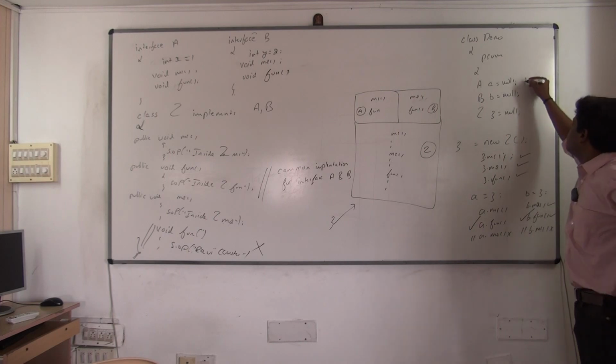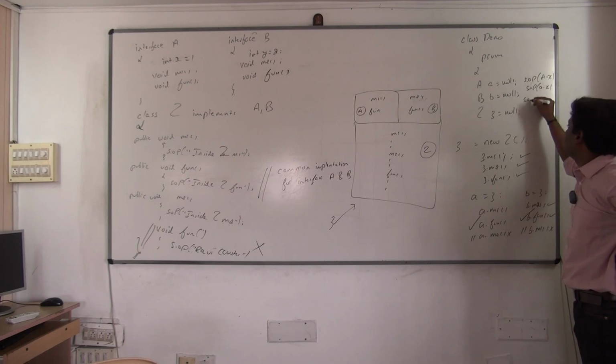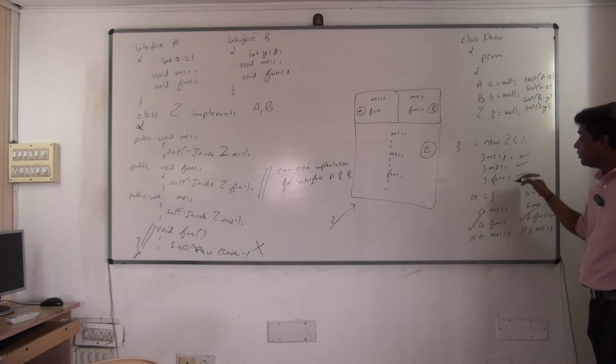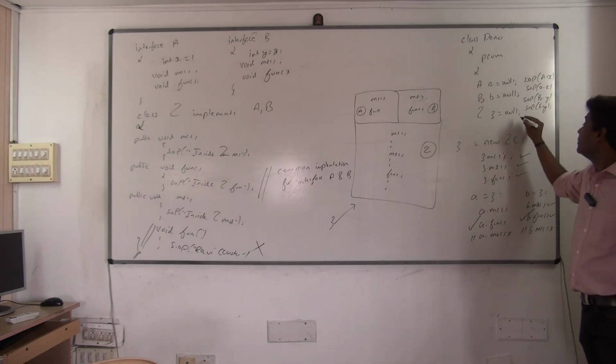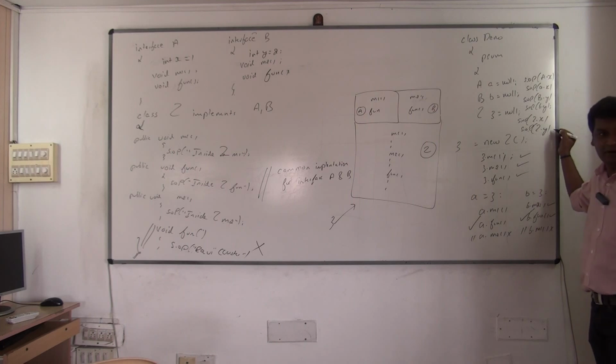So you can access it because they are static variables. You can access SOP a dot x. Similarly, you can print SOP b dot y or SOP variable dot y. Two options. Or you can also say z dot x or z dot y, class name dot.